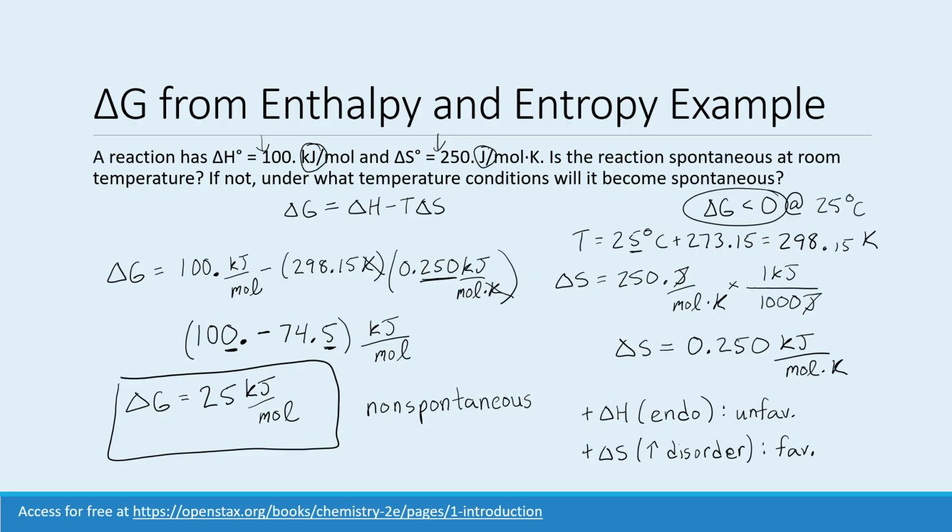So basically what we want to do is increase how much that entropy is contributing to our delta G value. So the way that we're going to do that, if we look at that equation, right, we've got temperature times that entropy. So if we want to increase that portion, we're going to have to increase the temperature. And what we're going to do is basically say, okay, we need delta G to be either equal to or less than 0.